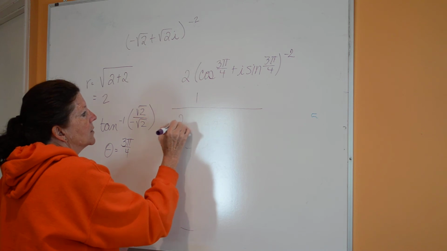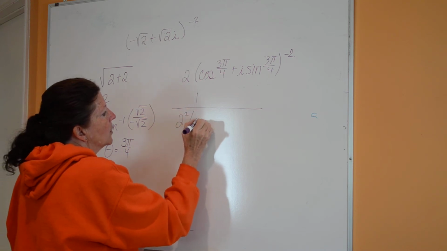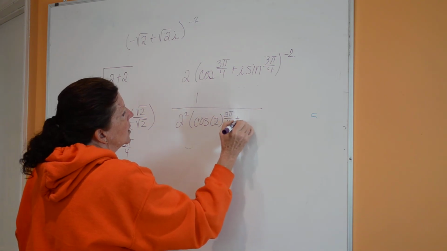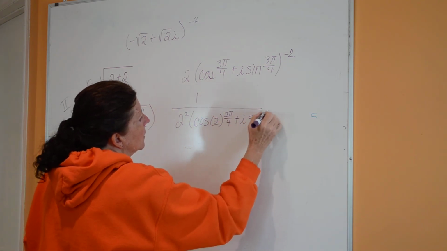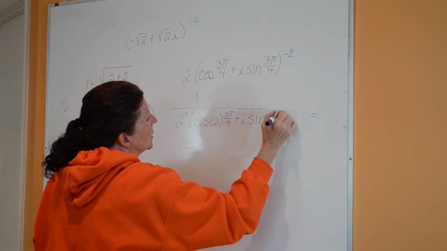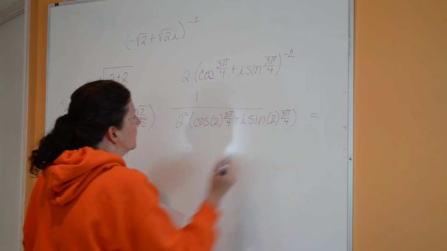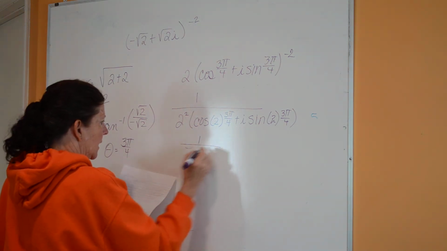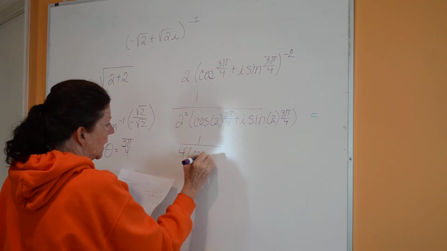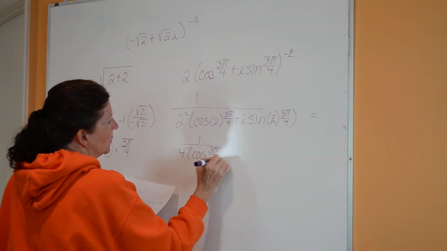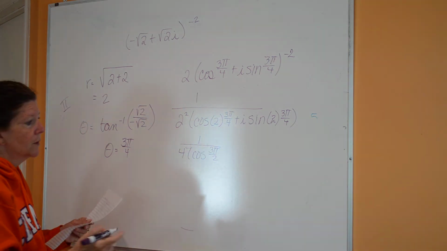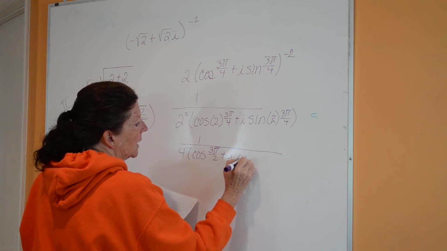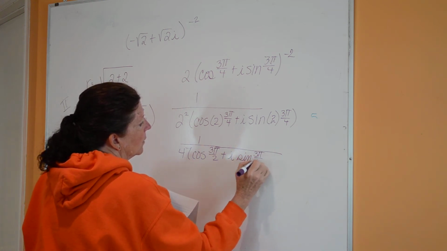So I've got 2 to the second power times the cosine of 2 times 3π/4 plus i times the sine of 2 times 3π/4. I can rewrite that as 1/4 times the cosine of 3π/2, because that's going to give me 6π/4, which reduces to 3π/2, plus i times the sine of 3π/2.